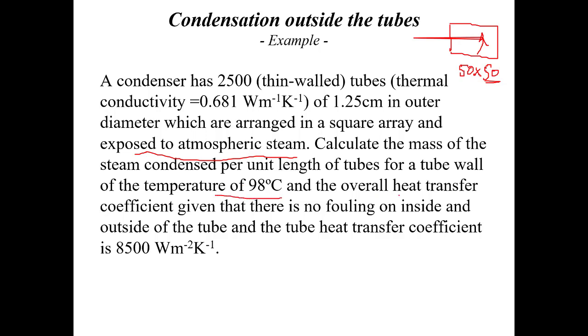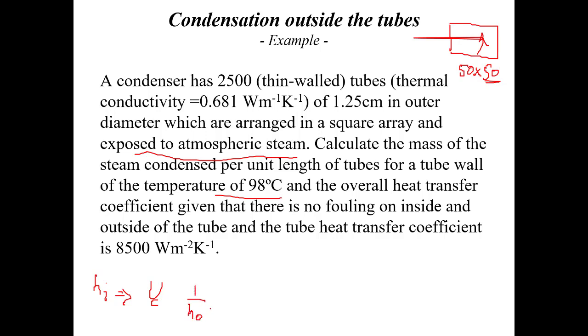We also need to calculate what is the overall heat transfer coefficient, given that there is no fouling inside and outside the tube, and we know the heat transfer coefficient of the tube. Okay, so we know the value of HI. And we need to calculate UC, because there is no fouling, so we have to calculate the clean overall heat transfer coefficient, but we don't know what is the value of H naught.